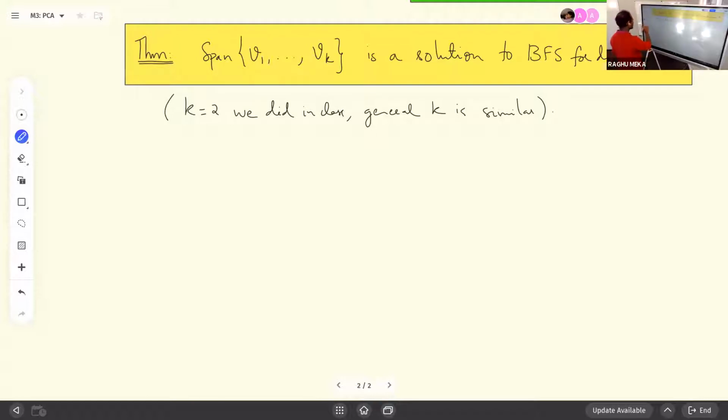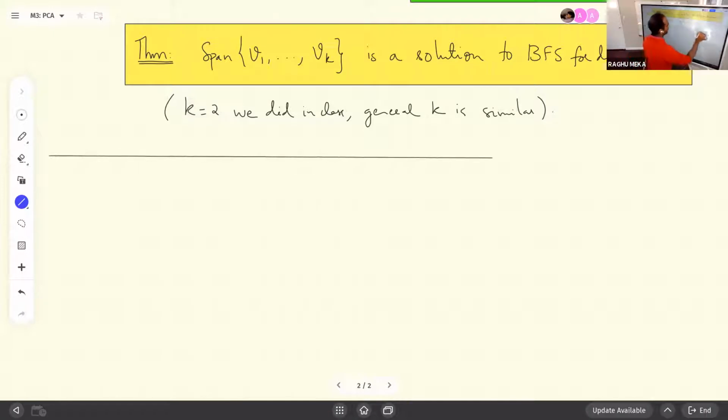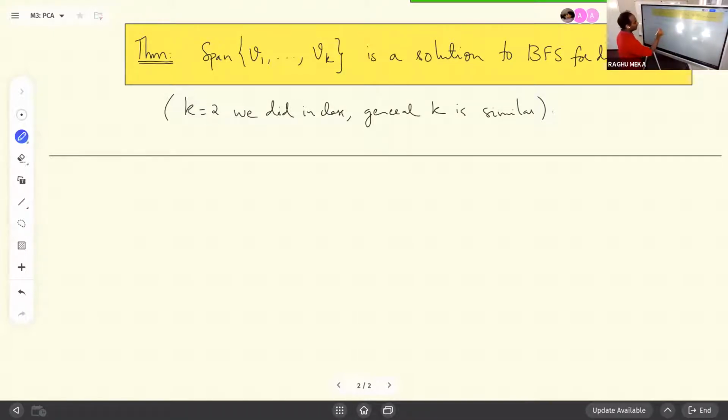Okay? So let me now talk about this other question that I'll call low rank approximation. So put your thoughts on the best fit subspace problem on hold for now. We're switching tracks and then we'll come back to the question in a few minutes.